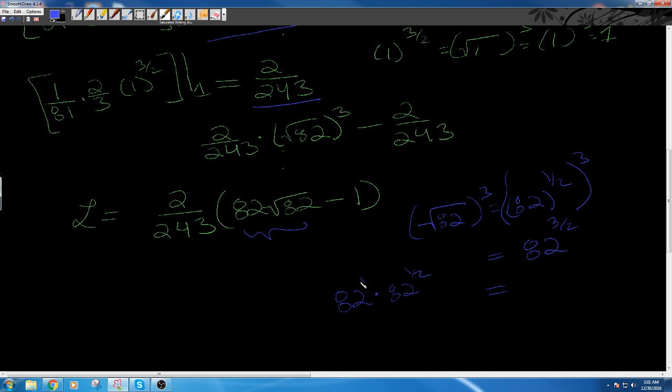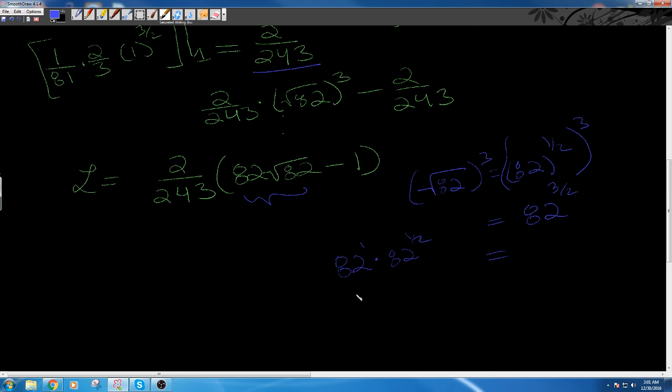And when you're multiplying these, you add the exponents. So that is just going to be equal to 82 to the 3/2. So, see, they're equivalent.